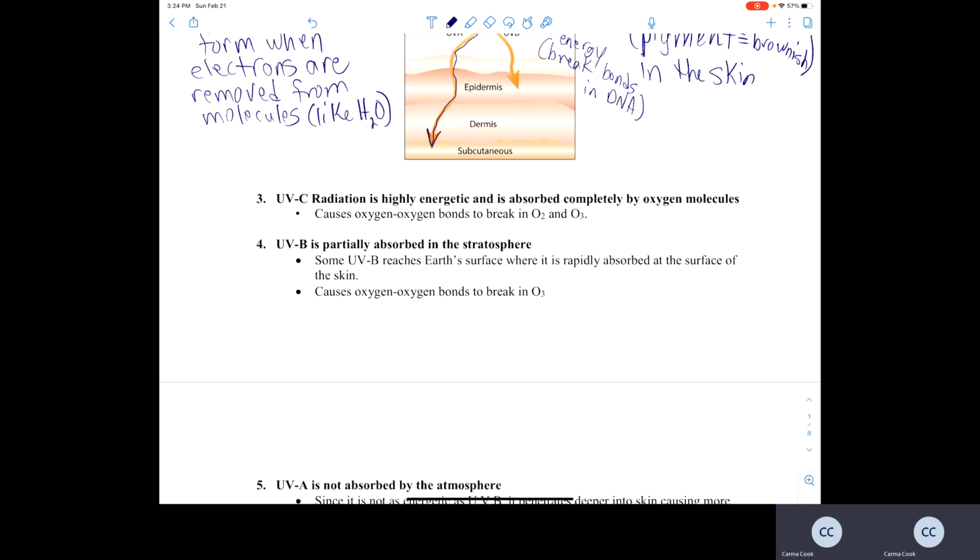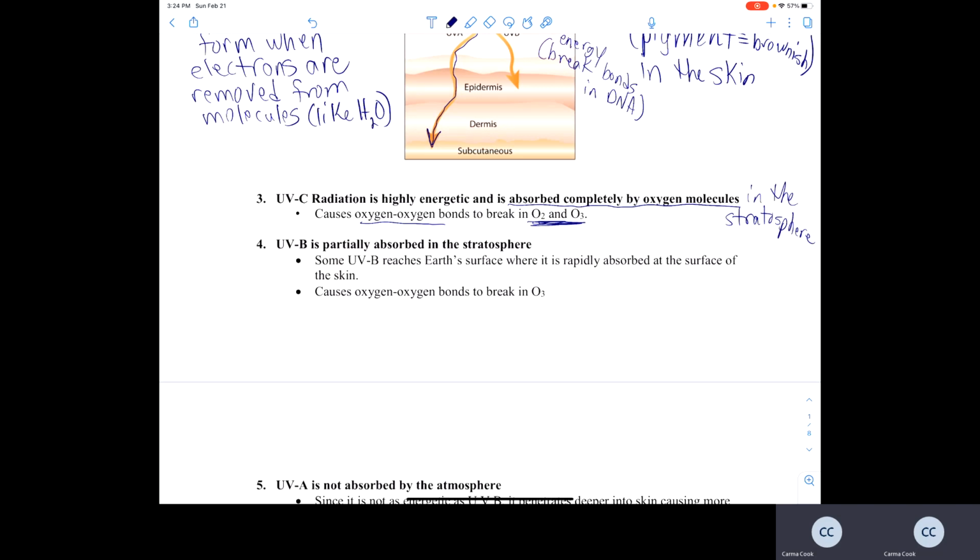And so therefore, it's a good thing that this highly dangerous energetic type of UV radiation is absorbed completely by oxygen molecules in the stratosphere, preventing UVC from ever reaching the troposphere, which is where we live. So UVC is so dangerous that it causes the oxygen-oxygen bonds to break in both oxygen, O2, and ozone.